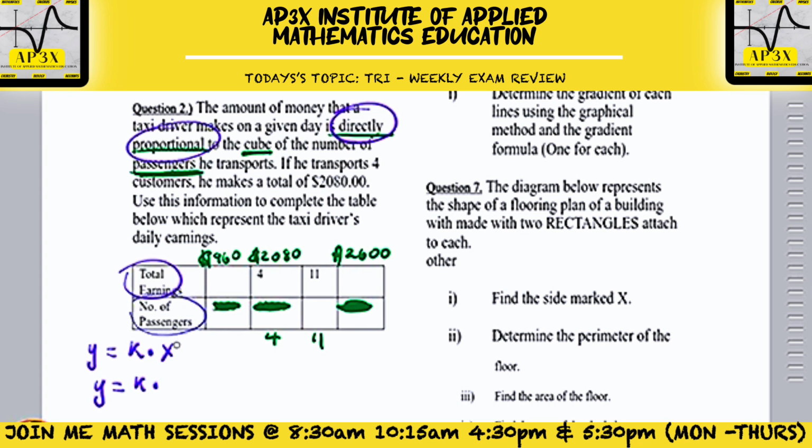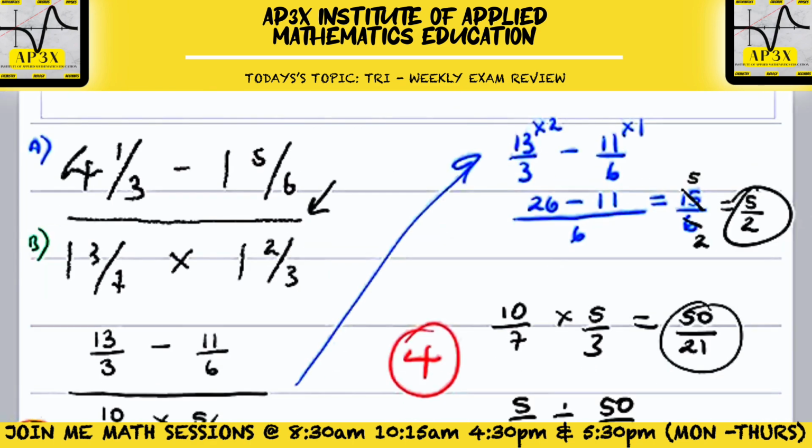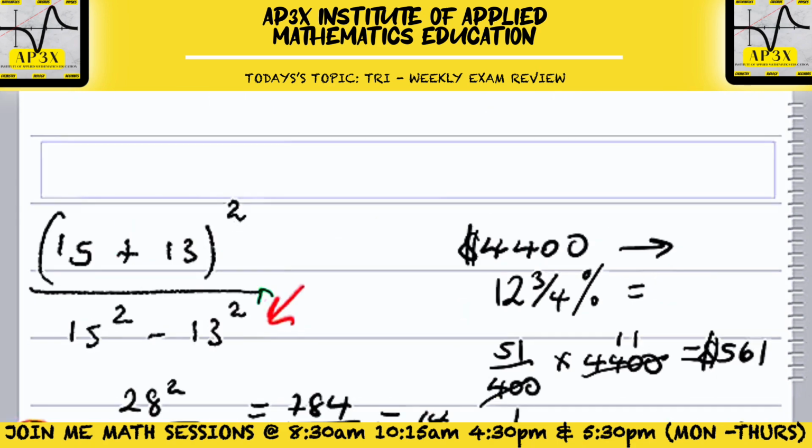So whatever represents passengers, which is x, is going to be cubed. And a lot of you guys would have not gotten any marks simply because of this one tiny error. This one tiny error here, where you forgot to cube the x, throws off a whole lot of problems in your solutions. So let's go to our blank slate here.